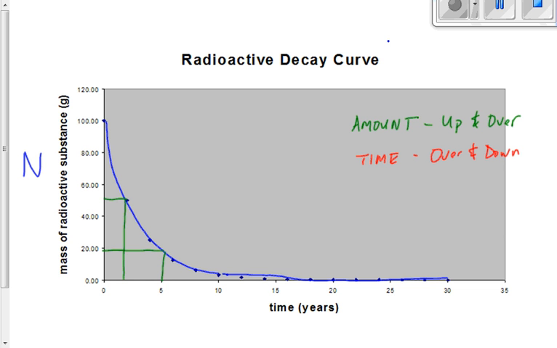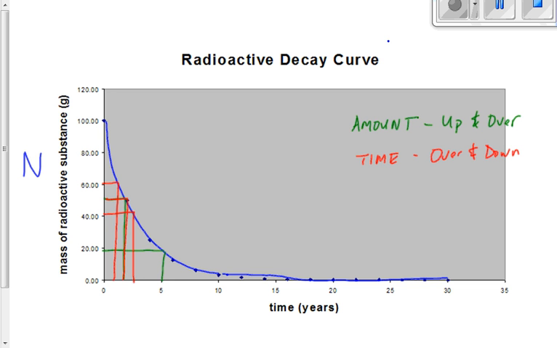How long does it take to get down to 60 grams? Go over and down. How long does it take to get down to 40 grams? Go over and down. What's the half-life? There's a good question. How much do you have left after one half-life? Started with 100. After one half-life, we've got 50. So go over to 50 and then go over and down. Looks to be about 2 years.